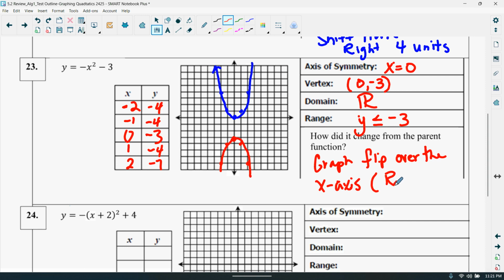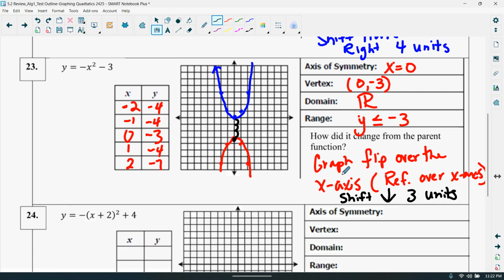So it reflected over the x-axis. And then the other thing that it did is the vertex is here, and then it goes down 1, 2, 3. So it reflected over the x-axis, and it had a shift down 3 units. Okay.